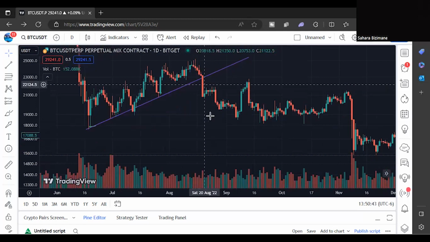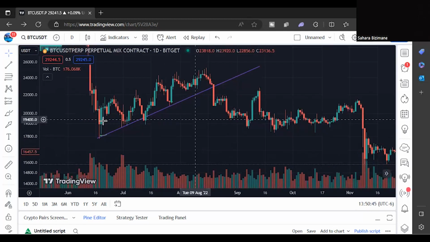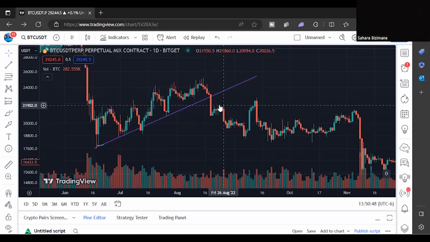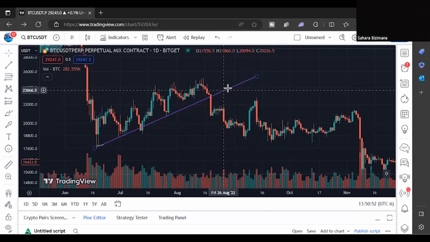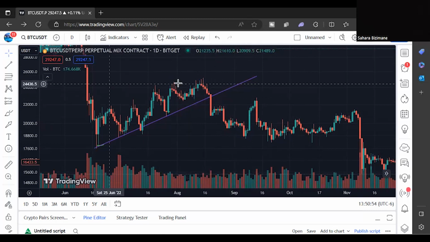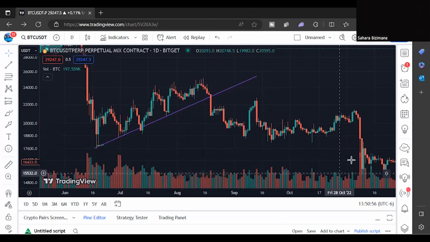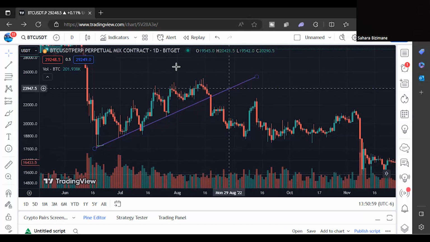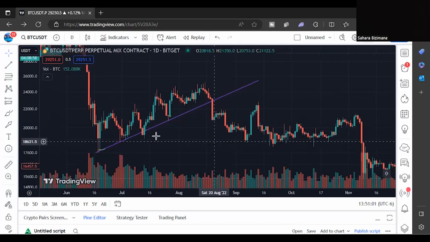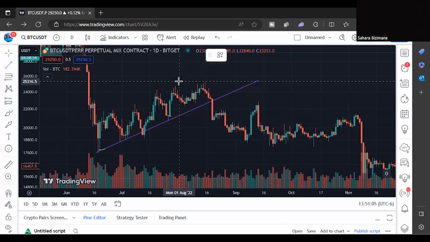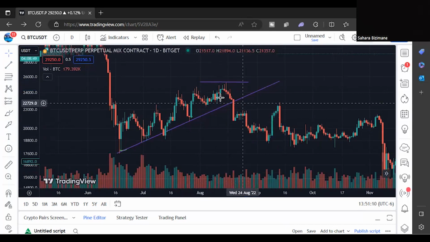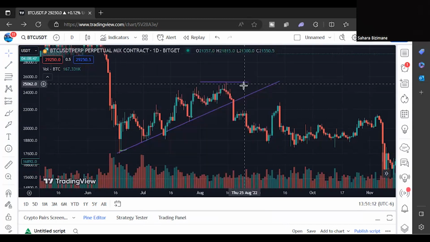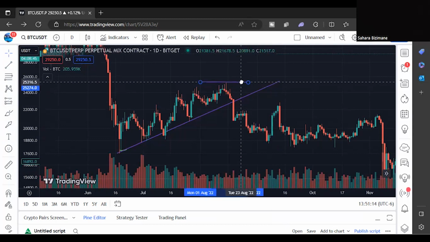Now, where would you set your stop loss? That is the number one thing you always want to think about before you enter a trade. Always know exactly where your stop loss will be. In this case, for the uptrend line breakout, the best area to set your stop loss is right above the previous high.